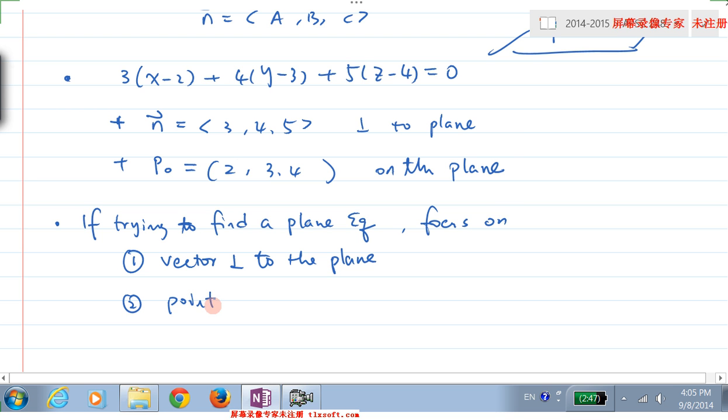We'll also look at how to find a point on the plane. So that's all we need. If you're given a plane equation, what information can you extract? If you're required to find the plane equation, how do I get these two pieces of information? That's what the next exercise is going to be.